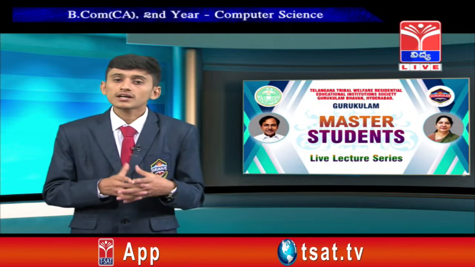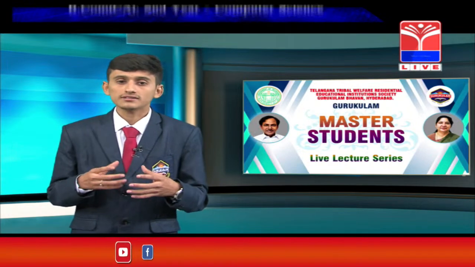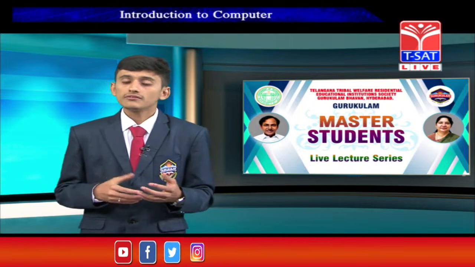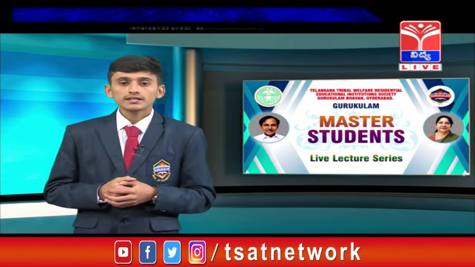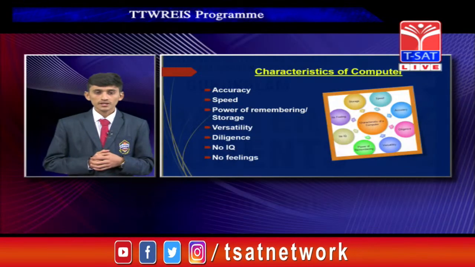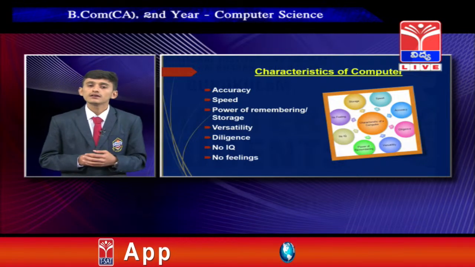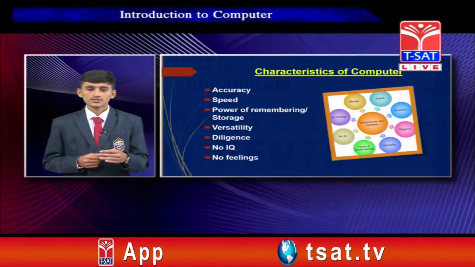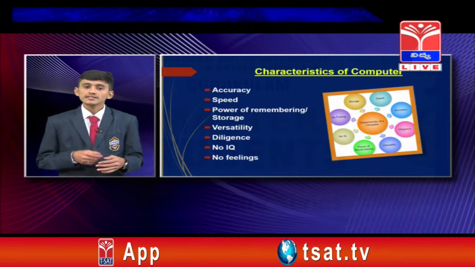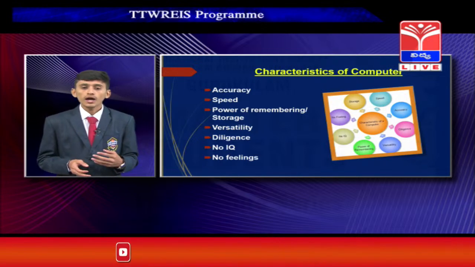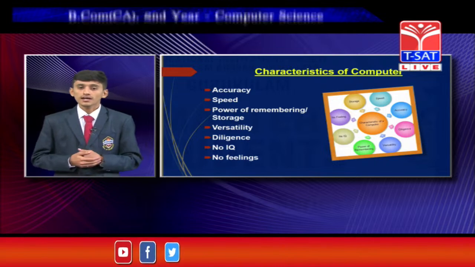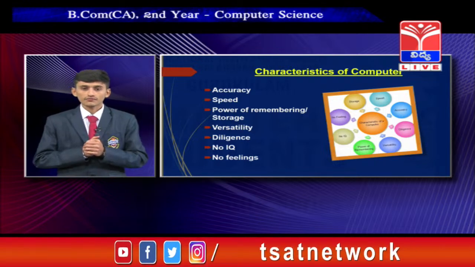For that reason computers are very famous nowadays. Here we can observe some important characteristics of computers: accuracy, speed, power of remembering or storage, versatility, diligence, no IQ, and finally no feelings. Those are the characteristics of a computer.